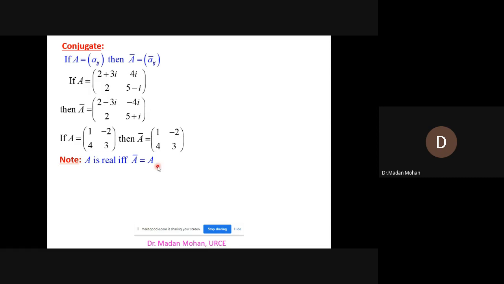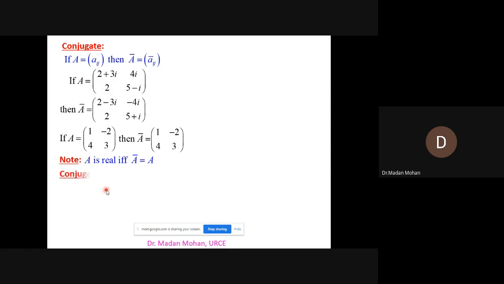If A bar equal to A, it is a real matrix. Meaning after going through the bar, he is coming out without bar. After coming out of the bar also, he appears as normal. Such a person is real. A bar equal to A.